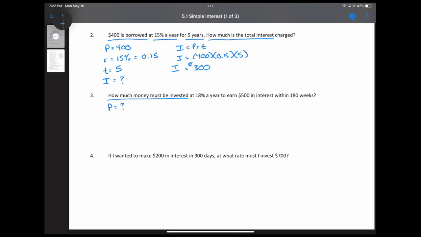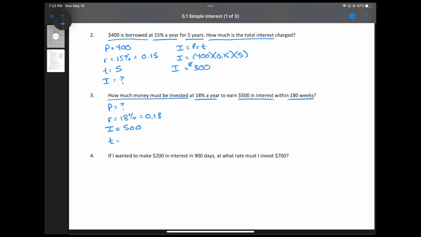So the principal is our unknown. 18% a year is our interest rate, so 18% or 0.18. To earn $500 in interest, so that's going to be our capital I. And within 180 weeks, which is our time.